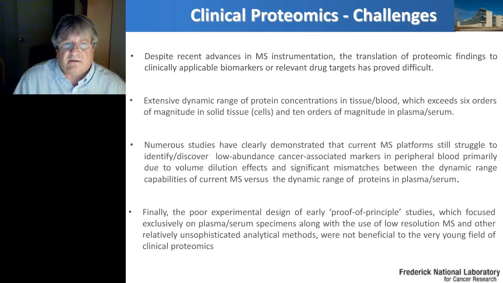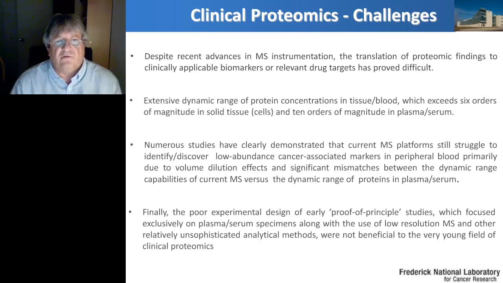So the dynamic range is a big trouble in proteomics, and addressing it is definitely an important part of proteomic research. Numerous studies have clearly demonstrated that current MS platforms still struggle to identify lower abundance cancer-associated biomarkers, particularly in peripheral blood. We also think that the poor experimental design of early proof-of-principle studies, focused exclusively on plasma and serum, didn't really help the young field of proteomics.